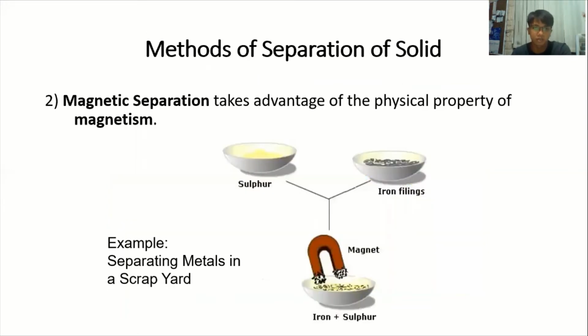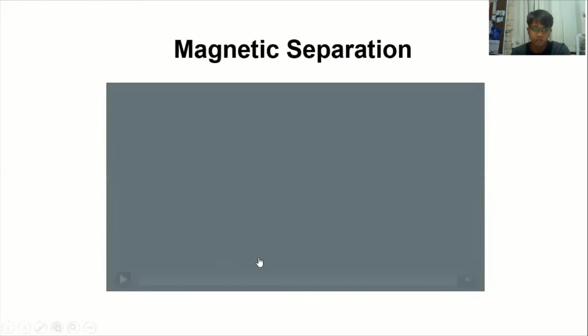Next is magnetic separation. Magnetic separation takes advantage of the physical property of magnetism. For example, separating metals in a scrapyard. Here's a little demonstration.